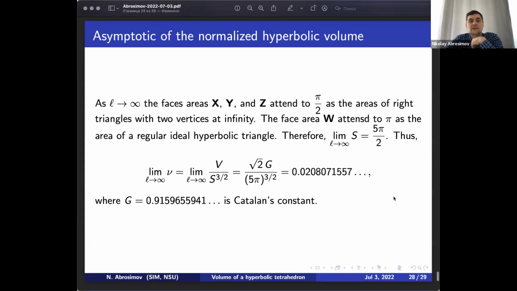And again, we can find the asymptotics, and as L tends to infinity, the normalized volume nu tends to this constant.